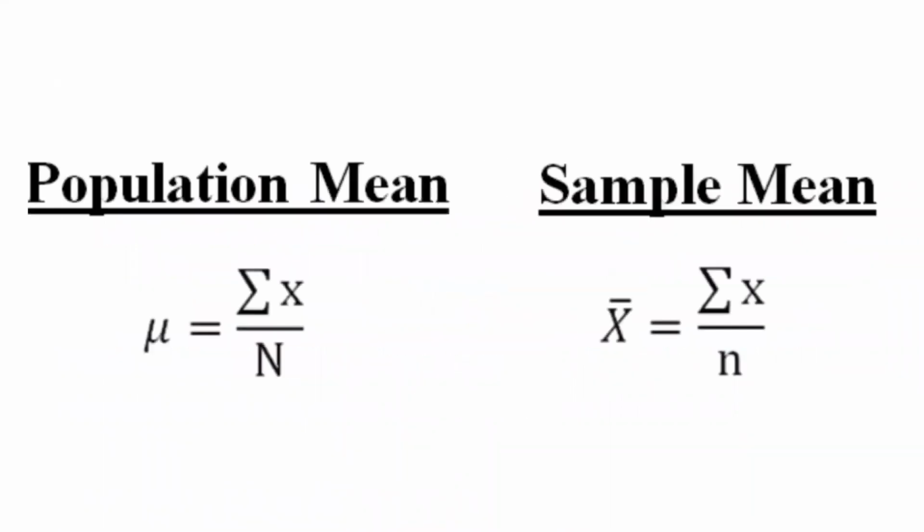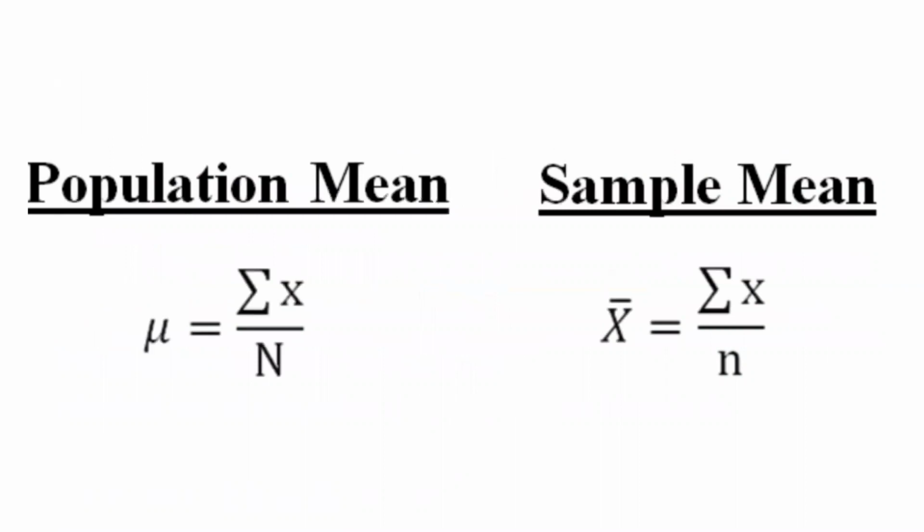All right, to find the mean, you add the observations up and you divide by the number of observations there are. I would like to point this out as review. If you see Greek letters, that has to do with the population.